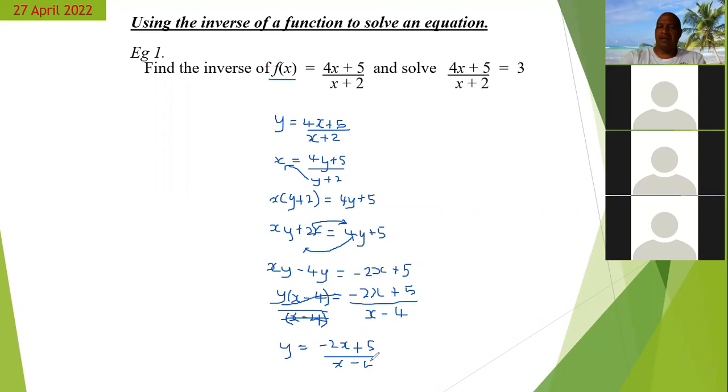Now we can replace this last y here with f inverse of x.